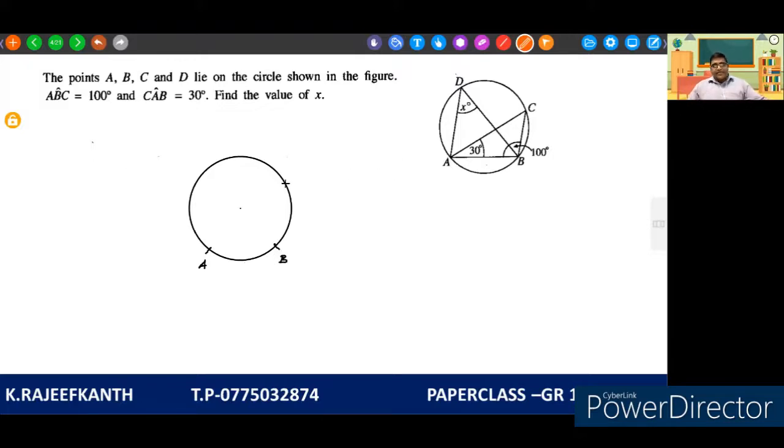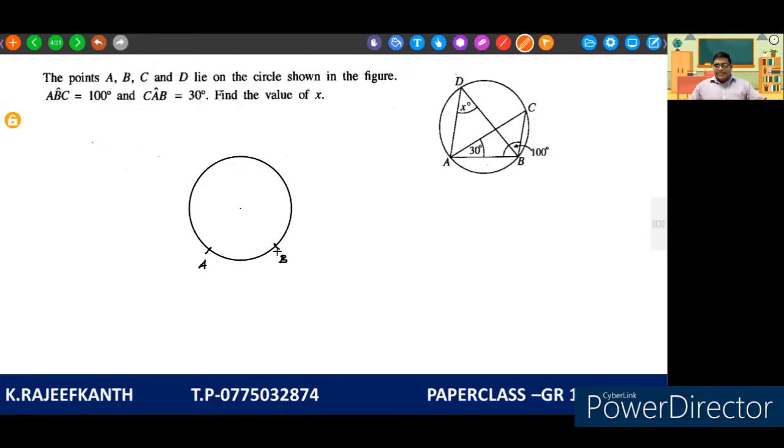Already we have learned that the angle subtended by an arc at the center of the circle is double the angle subtended by the same arc at the remaining circumference of the circle. So by using that, we can say the angles in the same segment are equal.